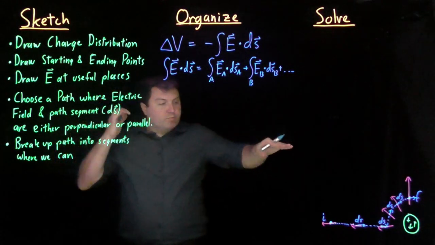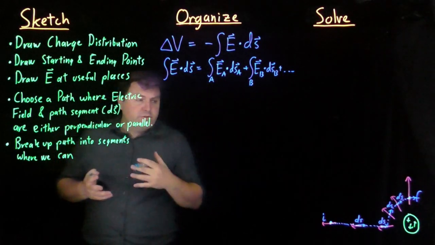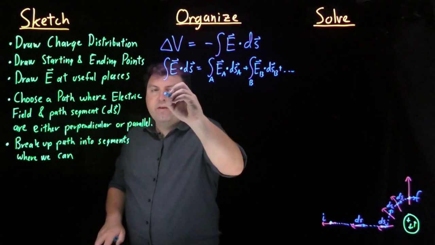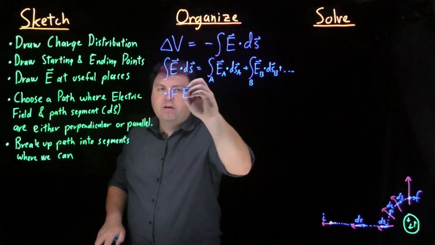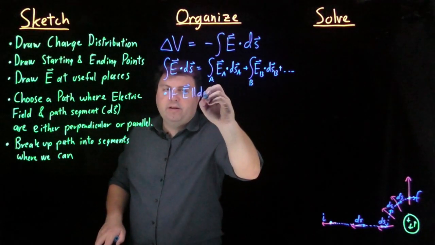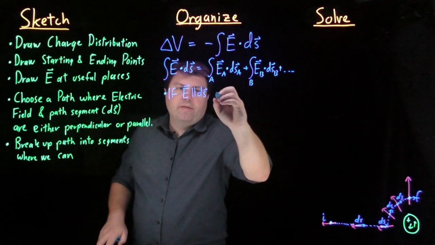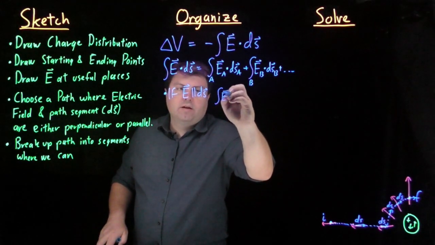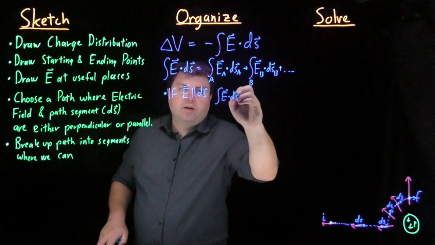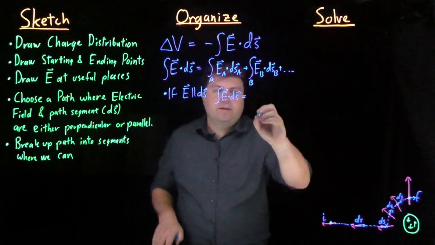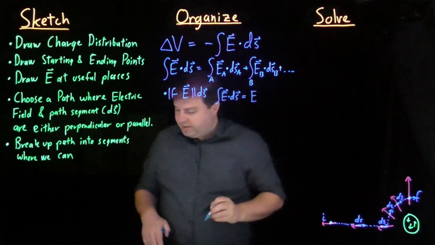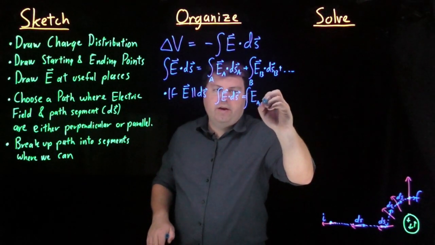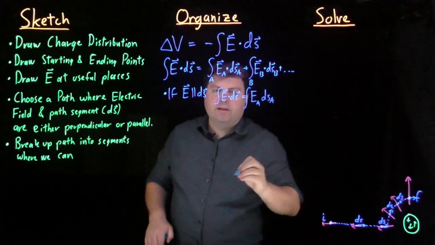If I have multiple sections, usually we can do this with just two, maybe three path sections. And so if my electric field is parallel to the ds, then my integral E dot ds is equal to the integral of E along a face times dsA along the face.